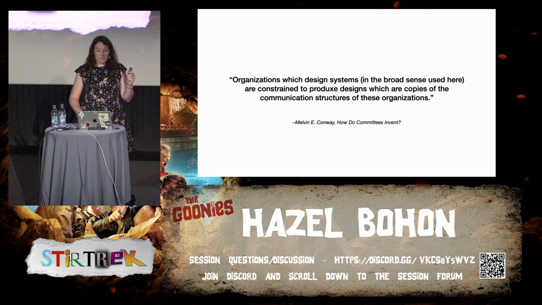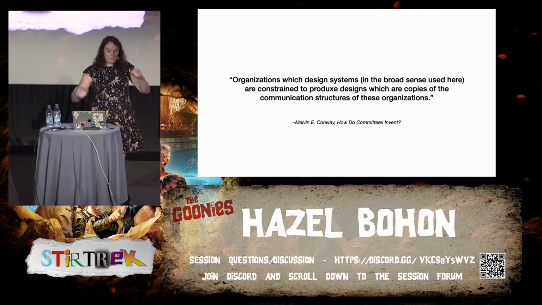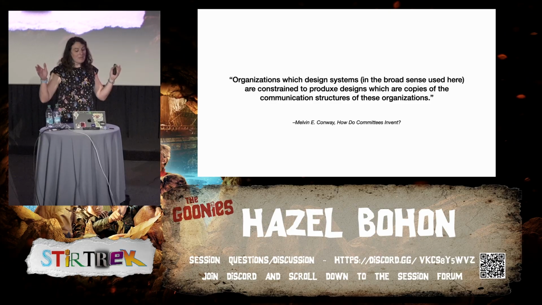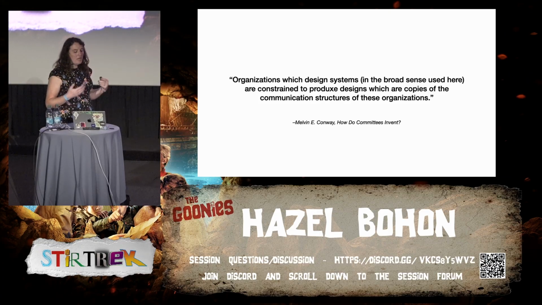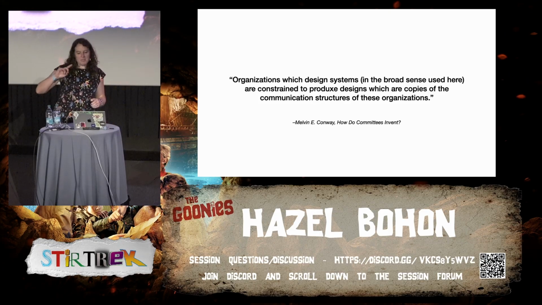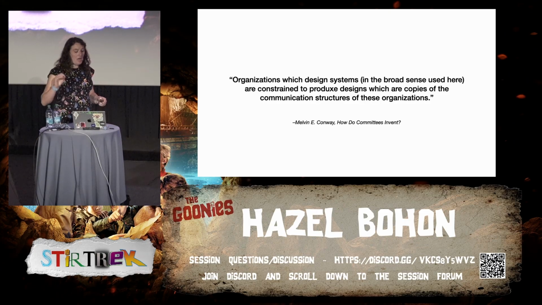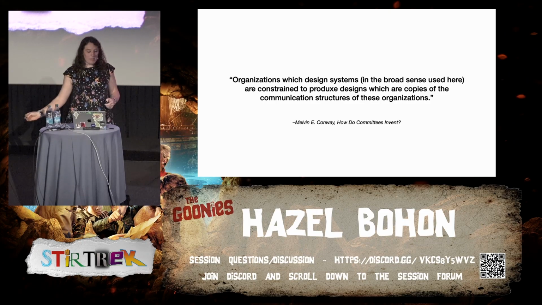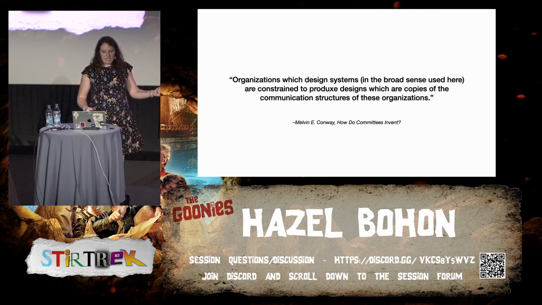The organizational divides are going to drive the true seams in the system. So in order to change our architecture, you have to change your organizational structure. For more on that, a really great deep dive is Team Topologies by Skelton and Pais. Really good book if you want to dive into how to organize teams.